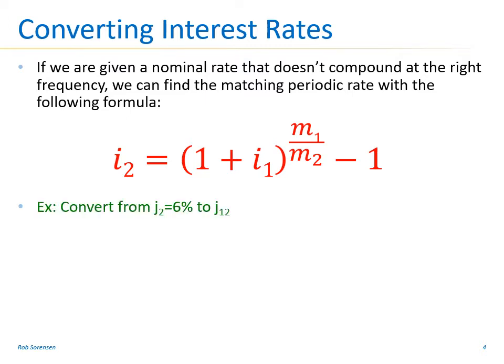So for example, if I am given a rate of 6% compounded semi-annually, but my payments are monthly, I'm going to want to convert that 6% semi-annually into a J12 or a monthly compounded rate. So here's how we do that. We'd say, look, we've got over here on our first rate, the one we know, we're compounding twice a year, and the interest rate per period is going to be 0.03.